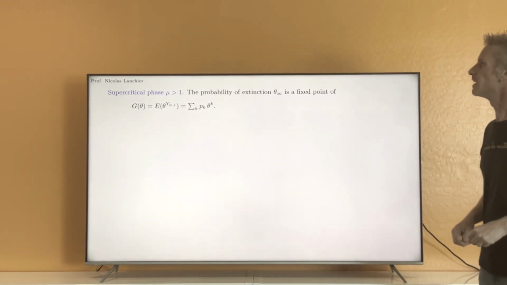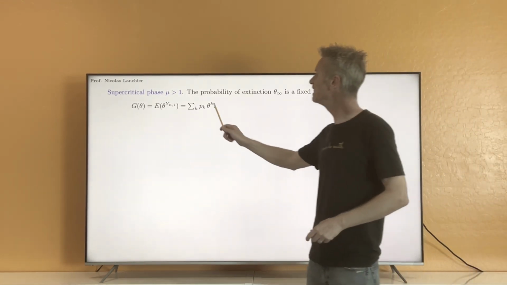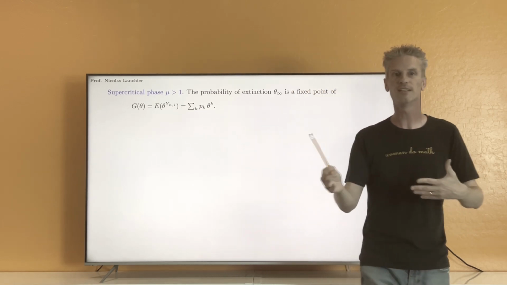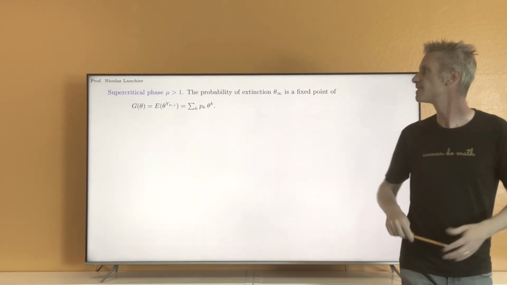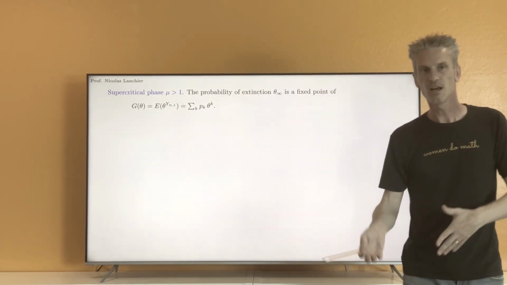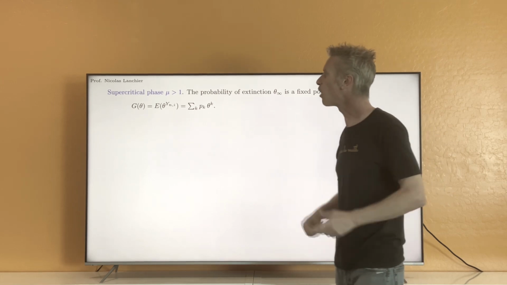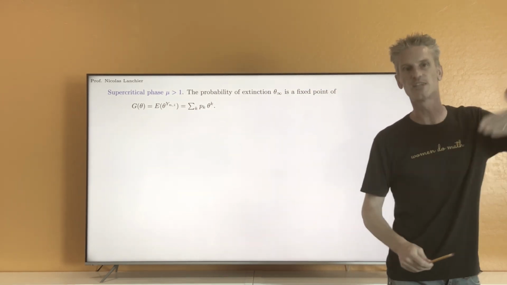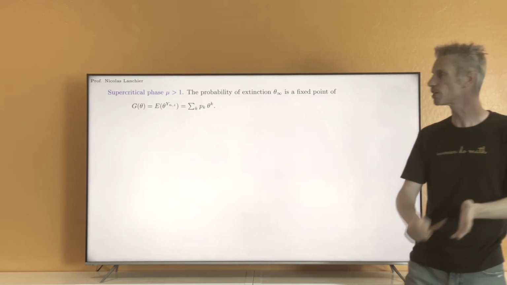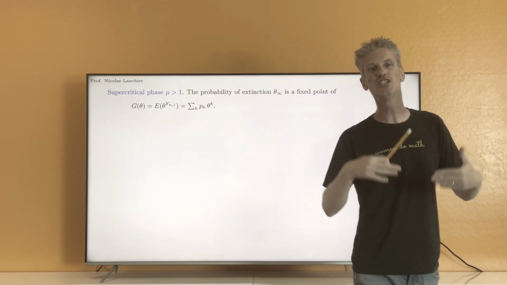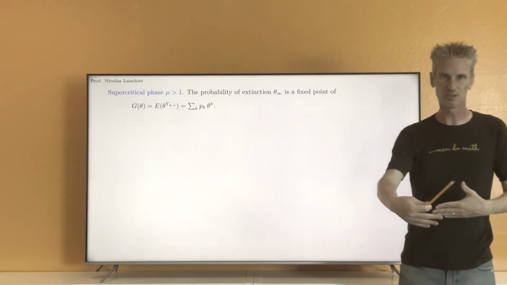Now you see also that if theta is between 0 and 1, those theta k are between 0 and 1, and so this function must be non-negative. But also this function on the interval 0, 1 is bounded by this infinite sum of the pk, which we saw is equal to 1. So what we can say is that for all theta between 0 and 1, g of theta is again between 0 and 1.